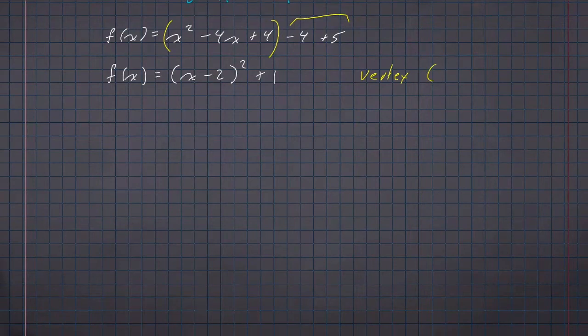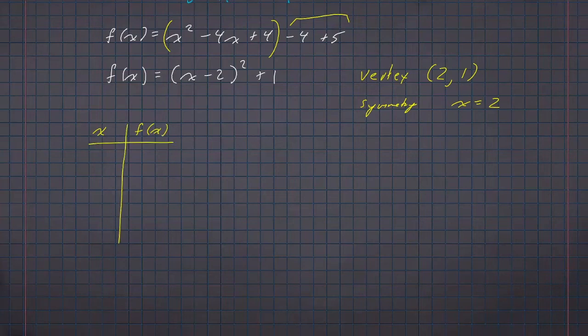So my vertex is at positive 2, positive 1, and my axis of symmetry is x equals 2. So setting up a couple of key points, put the vertex in the center, and then move to the left and right equal spaces.